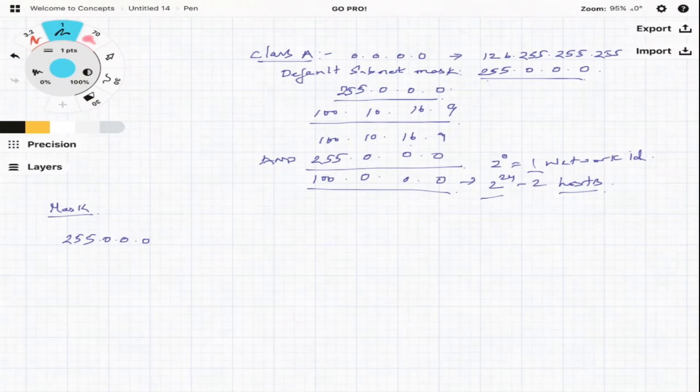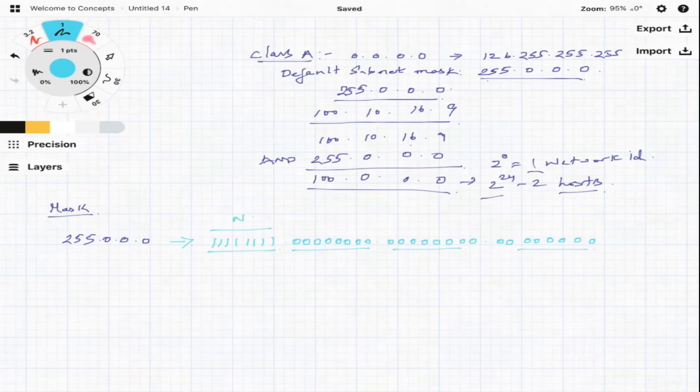So this mask can be written in binary format like this. Now this is nothing but the network part and these are the host parts.